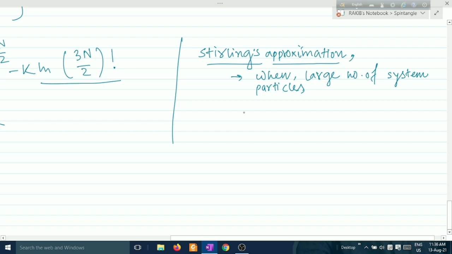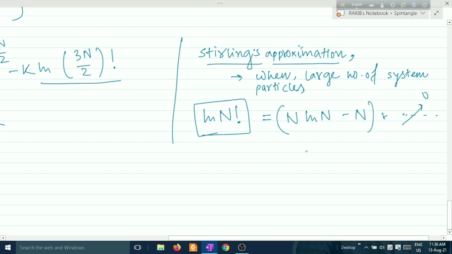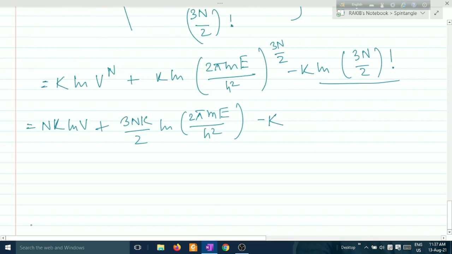If there is ln of n factorial, you can write it as n ln n minus n. There will be other terms, but we are omitting them; they are approximately 0. This is called Stirling's approximation. Note that it is only applicable when there is a large number of particles.